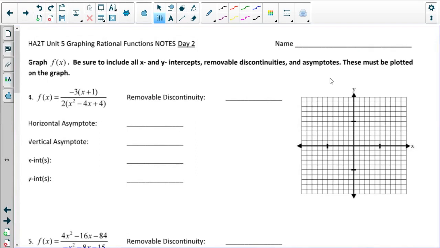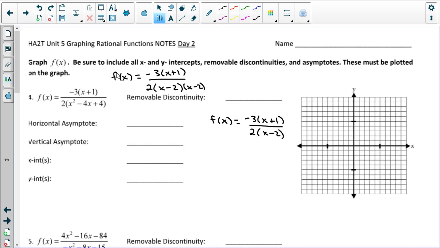Day 2, I'm going to factor the denominator first. So f of x equals -3 times (x plus 1) over 2 times (x minus 2) times (x minus 2). I'm going to rewrite that as -3 times (x plus 1) over 2 times (x minus 2) squared.